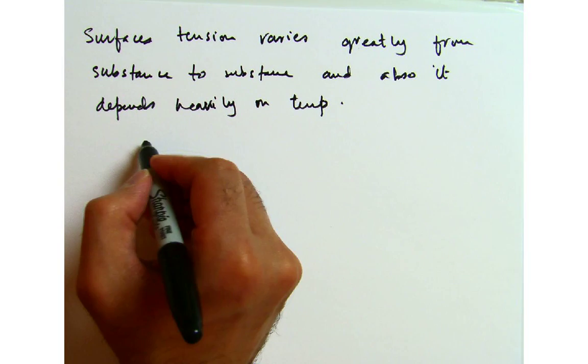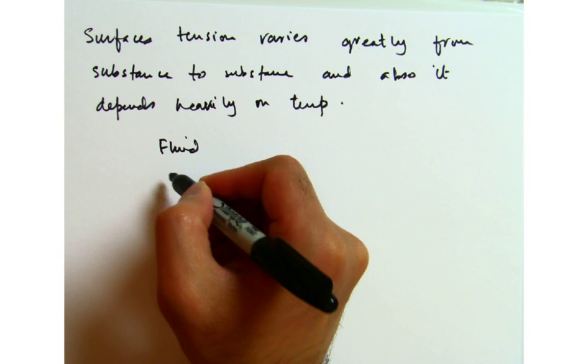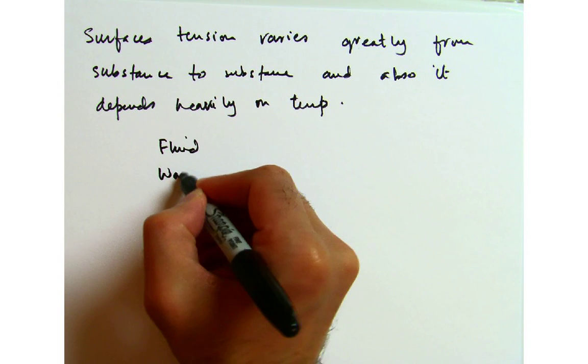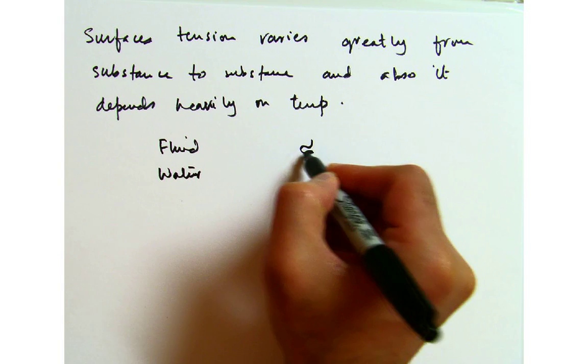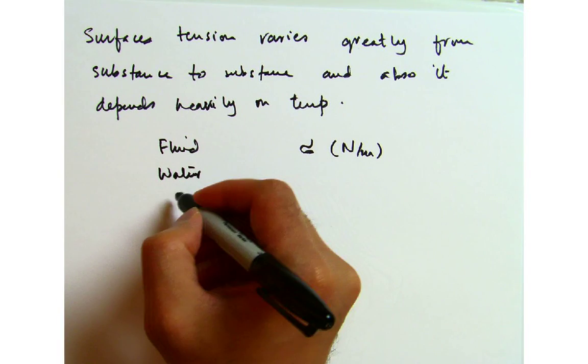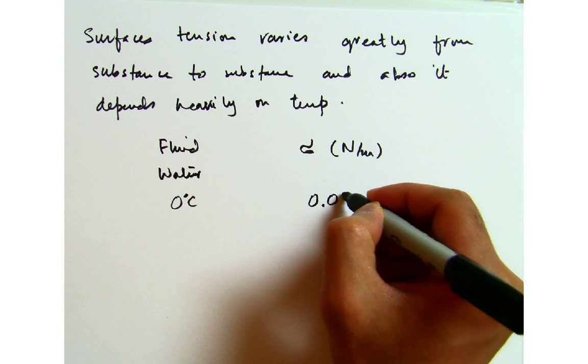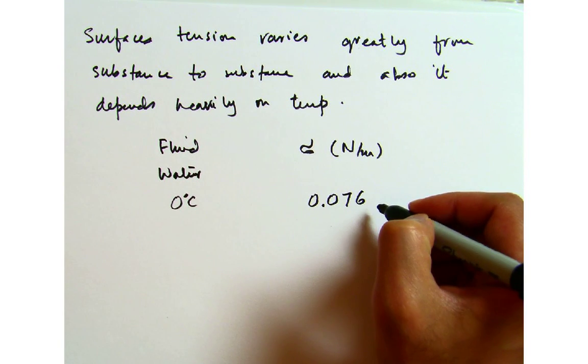So let's look at some of the values. In this case I have water, and sigma is in Newton per meter. Water at 0 degrees Celsius has a surface tension of 0.076.